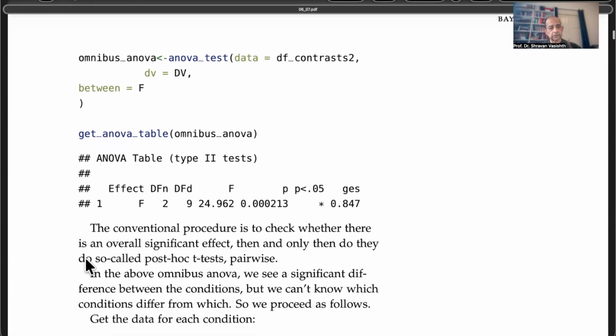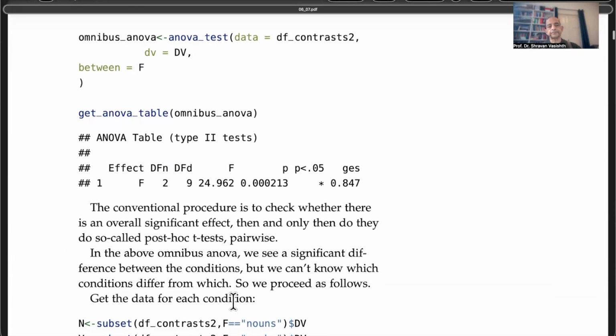And if I look at the results, what I get is an F score and a P score, right? The F score is referring to the F distribution, which has two parameters: numerator degrees of freedom, denominator degrees of freedom. If you don't know what that is, it's not really important because we're never going to use it, right? But if you want to know more, I discuss all this in my statistics course.